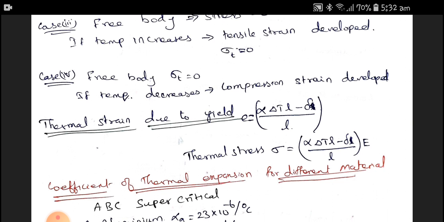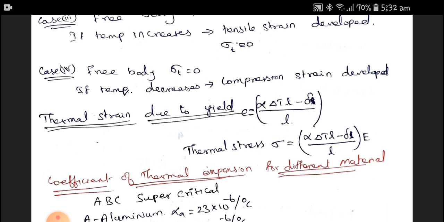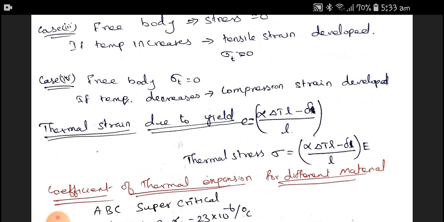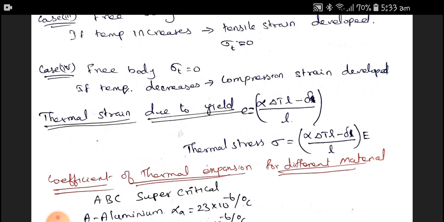In such a condition, the thermal strain epsilon is equal to alpha delta T L minus delta, divided by L. Here L is the total length, alpha is the coefficient of thermal expansion, delta T is the change in temperature, and delta is the end yield, that is, how much yield is done by the end supports.